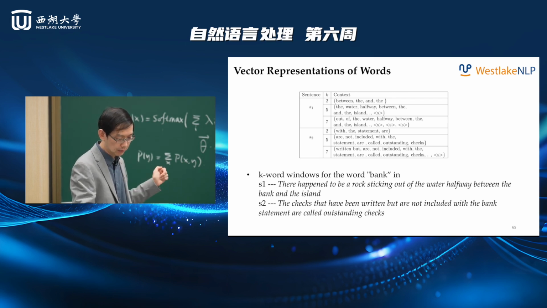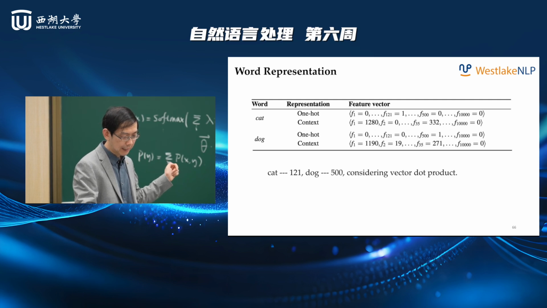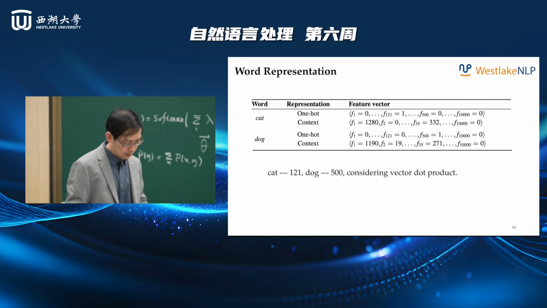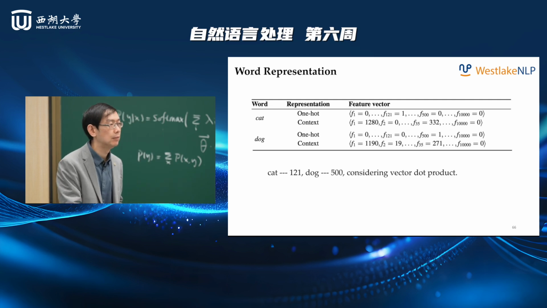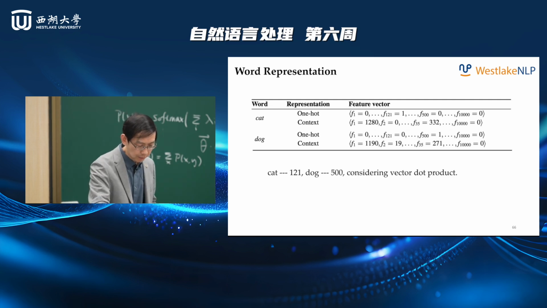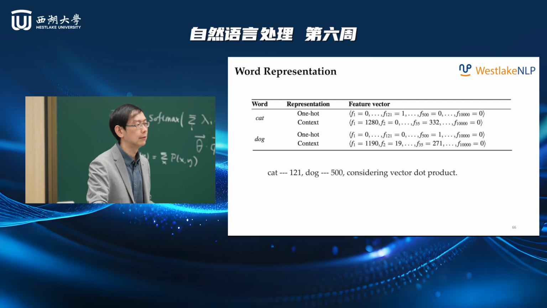As a result, I get the context-based vector for cat and dog. Maybe F121 means cat, F500 means dog, and F1 means, right, the first word in the vocabulary, and maybe F35 means run, or ran, the past tense.